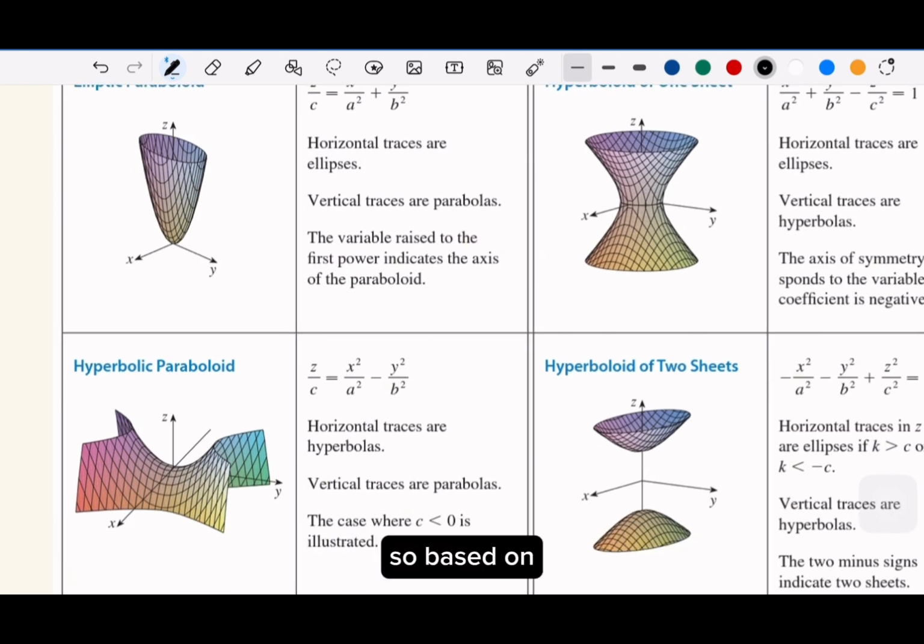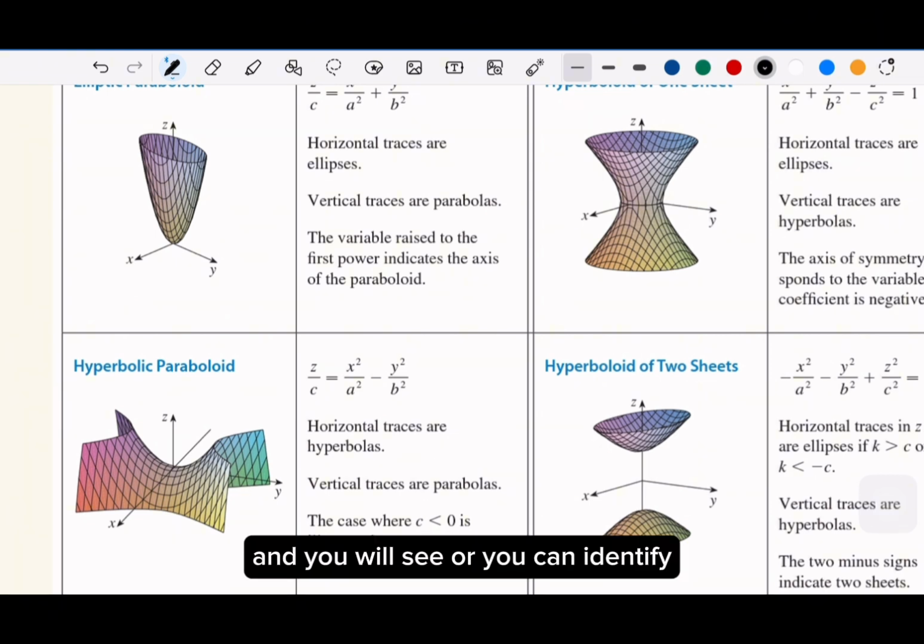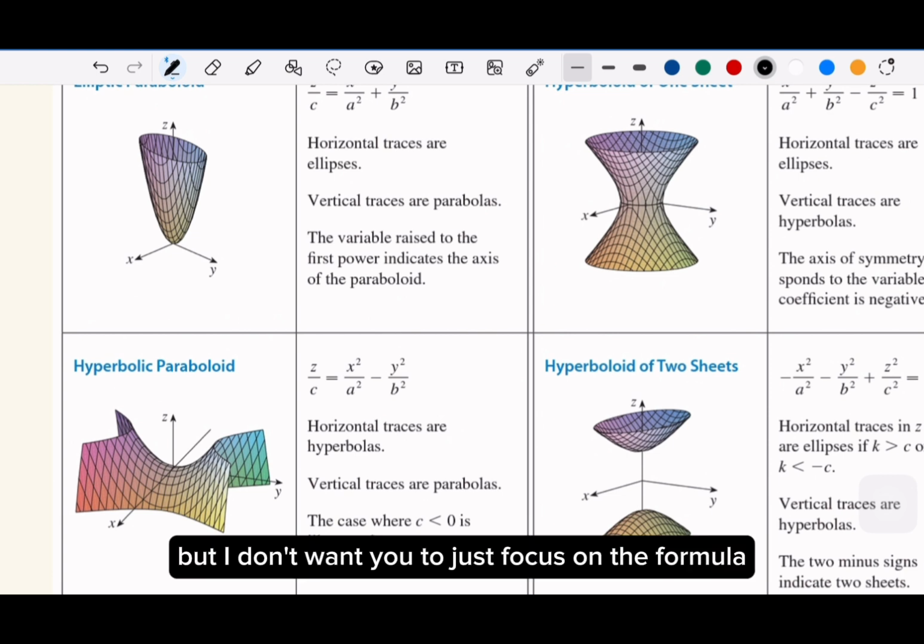Based on all these different combinations, you can identify each one of them based on the formula. But I don't want you to just focus on the formula.